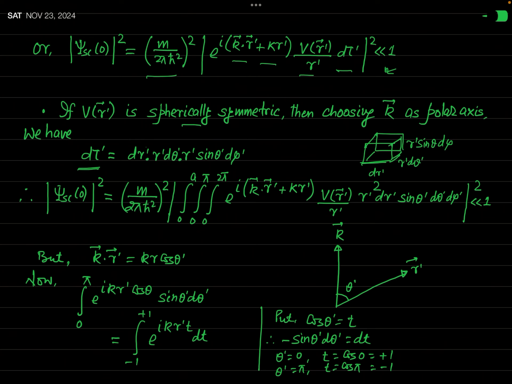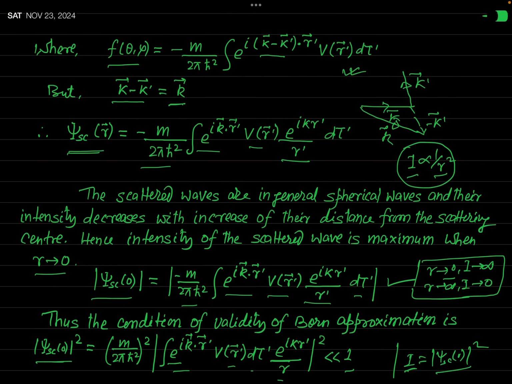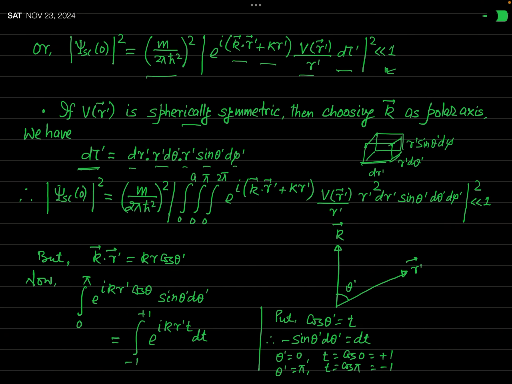Okay? If you write dashed in accordance with our supposition, then this elementary volume will be given by dr dash times r dash d theta dash times r dash sine theta dash d phi dash. Okay. So now you can find the value of, actually here I have made a mistake, there should be a sign of integral. Okay.